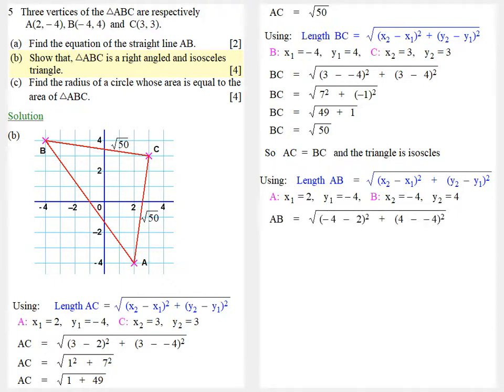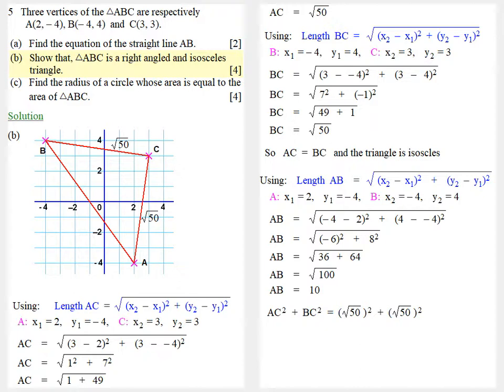And so the length of AB is equal to the square root of (minus 4 minus 2) all squared plus (4 take away minus 4) all squared. And so the length of AB is equal to the square root of minus 6 squared plus 8 squared, which is the root of 36 plus 64, or the root of 100, and so the length AB is equal to 10.